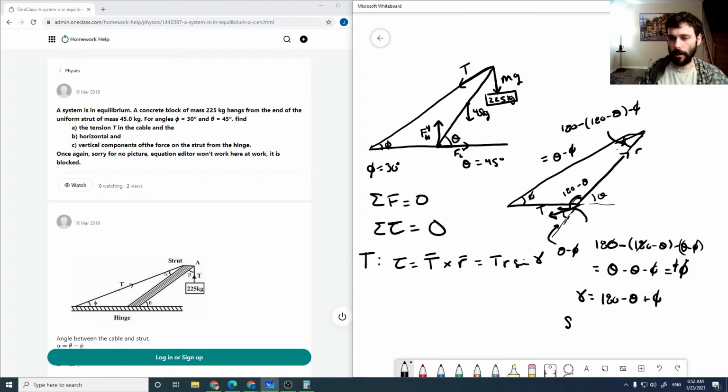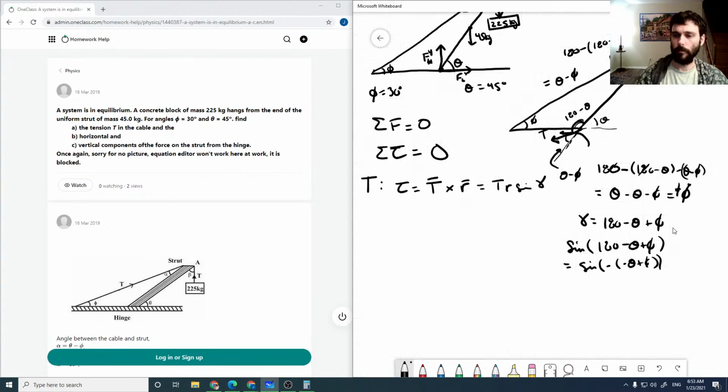And then the sine of 180 minus theta plus phi is just the sine of minus theta plus phi, which is the sine of theta minus phi.